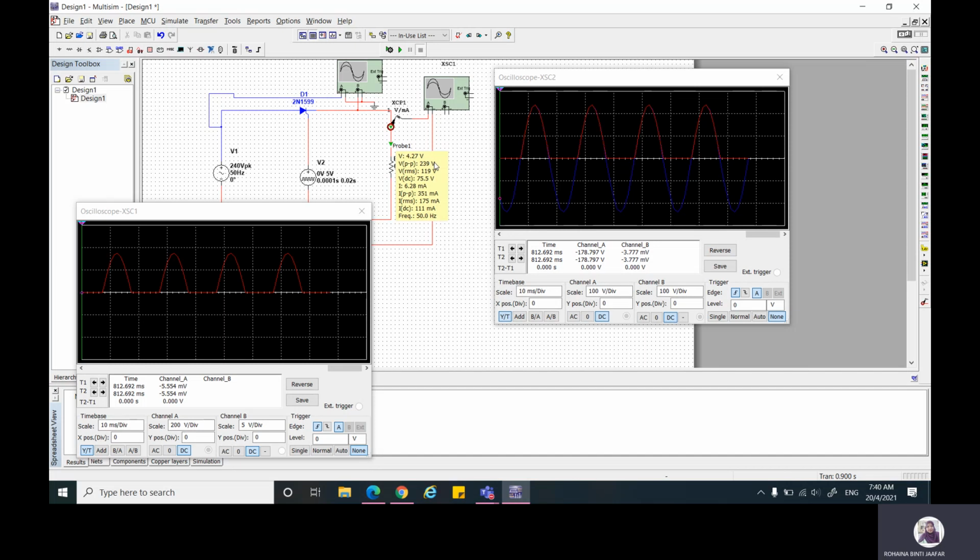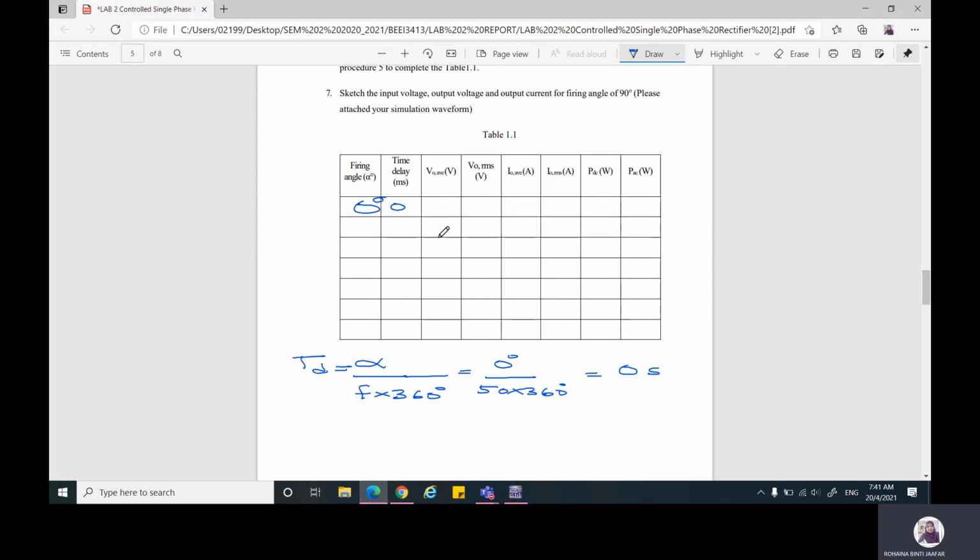So this will be your reading of your RMS and average value. Okay, and then you can complete this table.